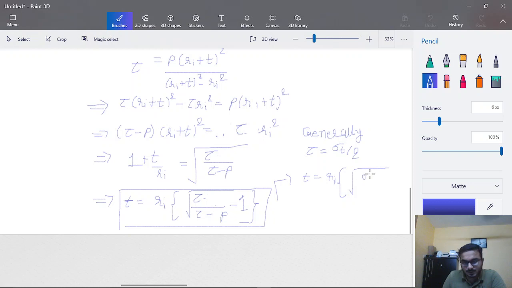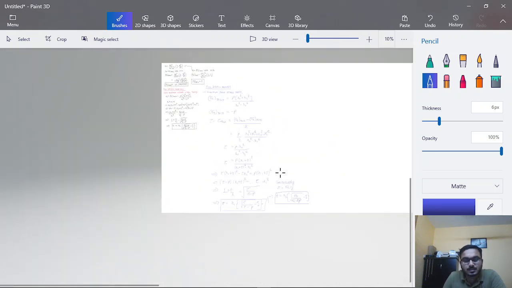So here it will be sigma T divided by sigma T minus 2P minus 1. So this is the thickness that we have obtained. So this was a bit longer derivation.